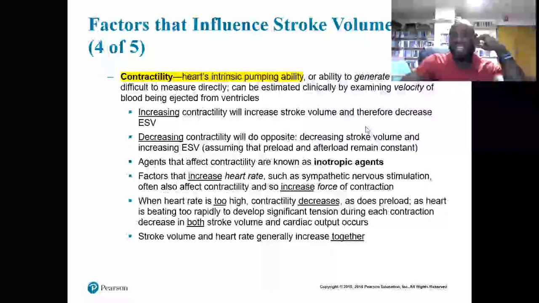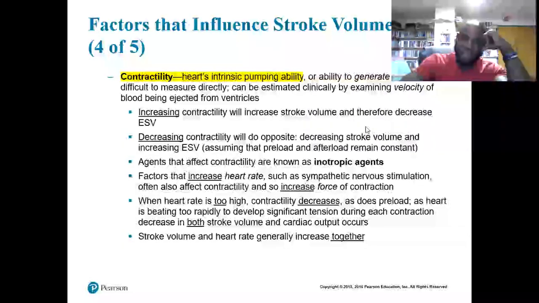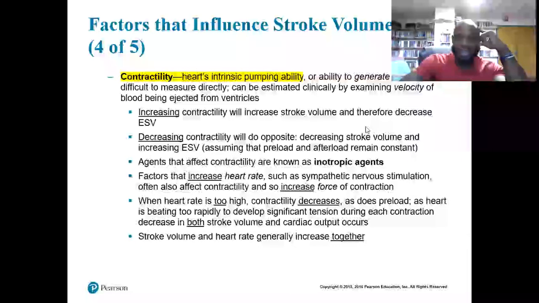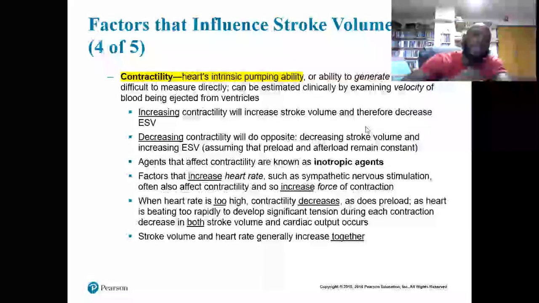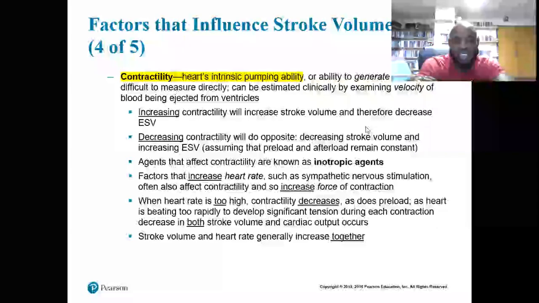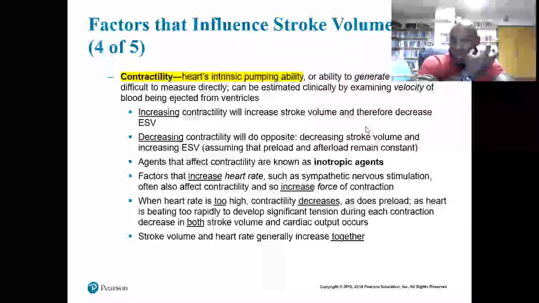Right, contractility of the heart, its pumping ability. Increasing contractility will increase your stroke volume, therefore decreasing end systolic volume. Contractility basically is the ability of your heart to generate tension. But basically, we know that if the heart is stronger, it can make a more forceful contraction.